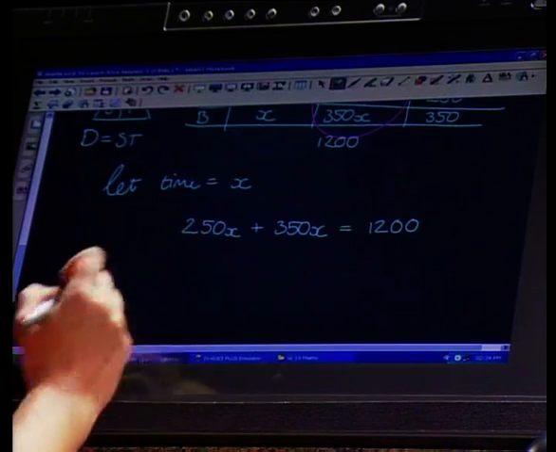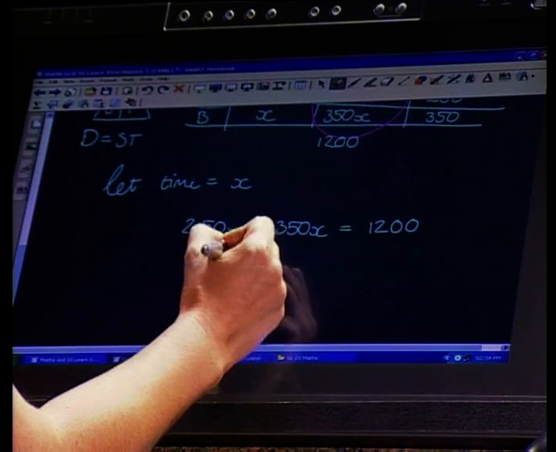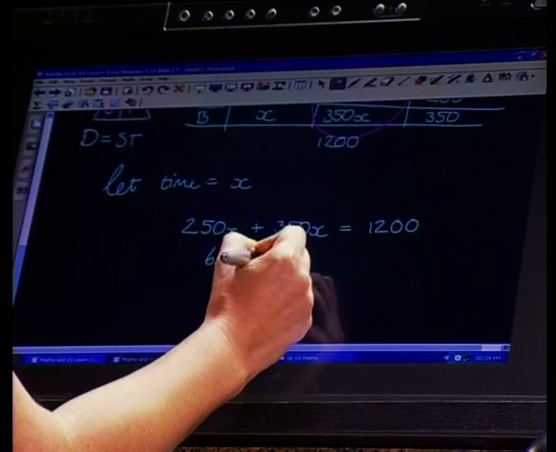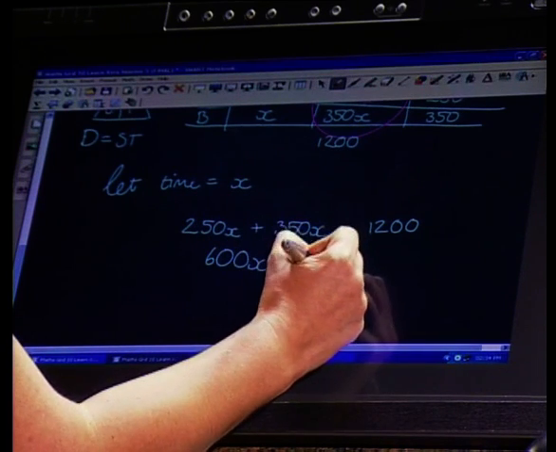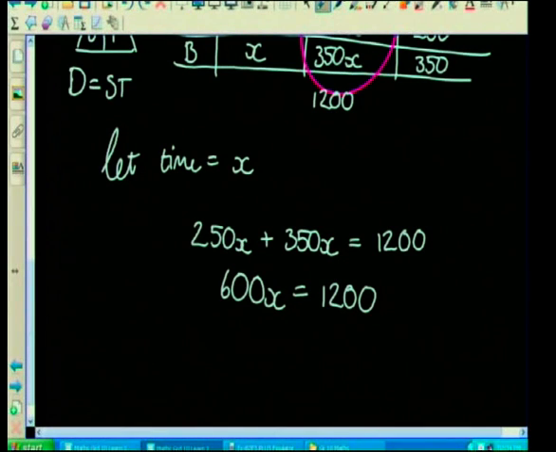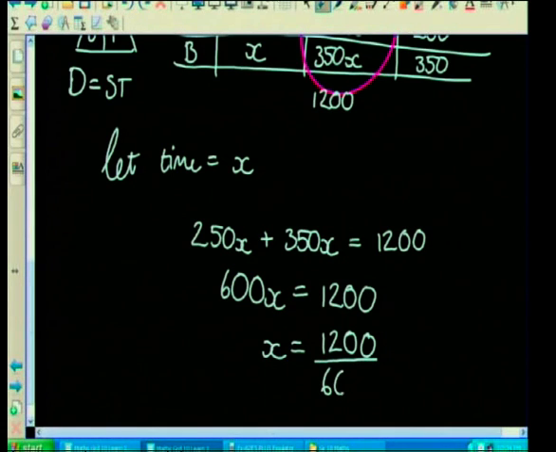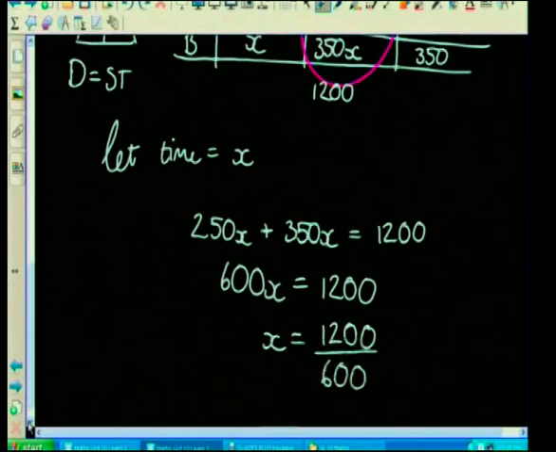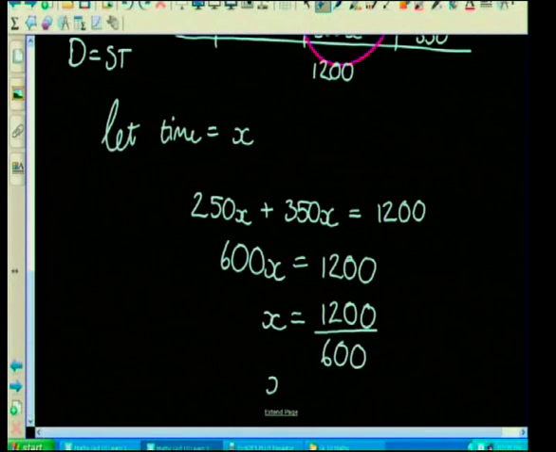250x plus 350x gives us 600x is equal to 1,200. Now to solve for x, we just need to divide. Can you see how we're flying through this problem? It's great. 1,200 divided by 600 gives us x is equal to 2.